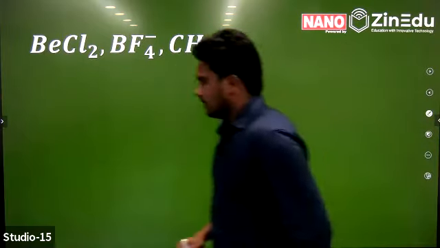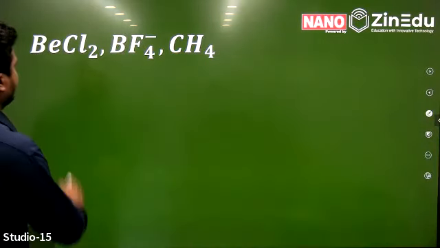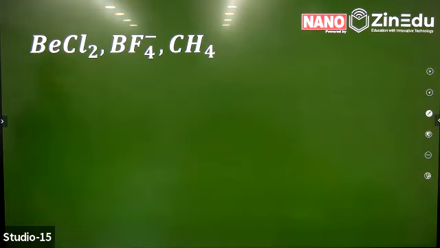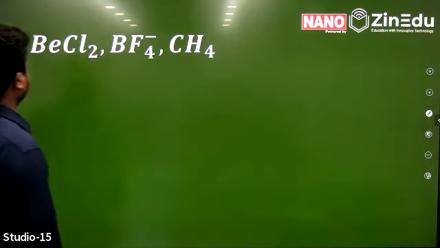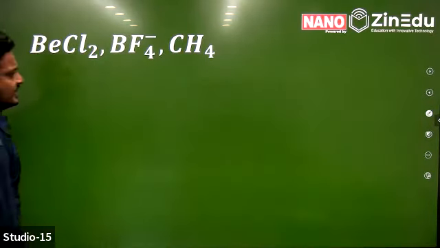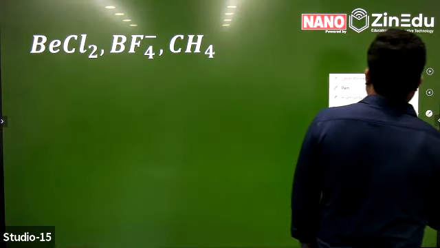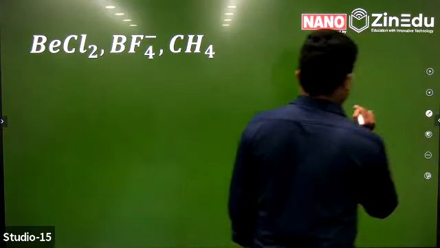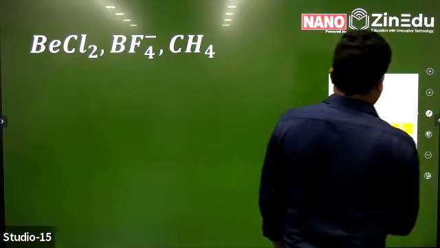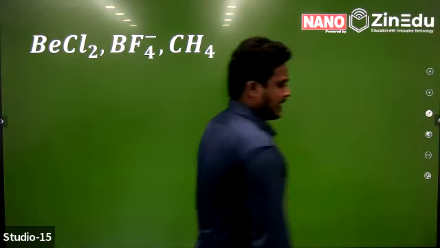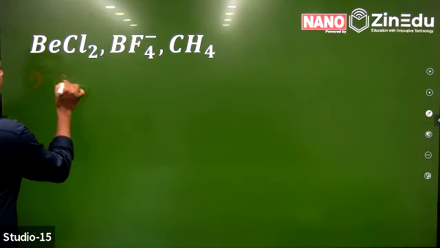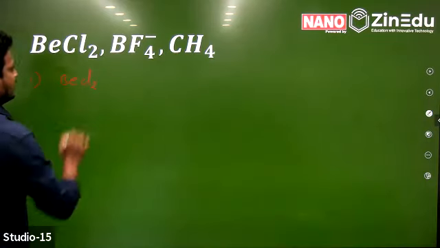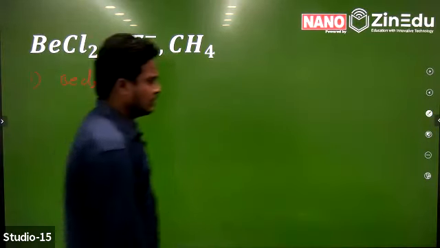Now, find the hybridization and shape of the molecules BeCl2, BF4 and CH4. First one, BeCl2. Here I am taking BeCl2, and I am calculating the hybridization for BeCl2.